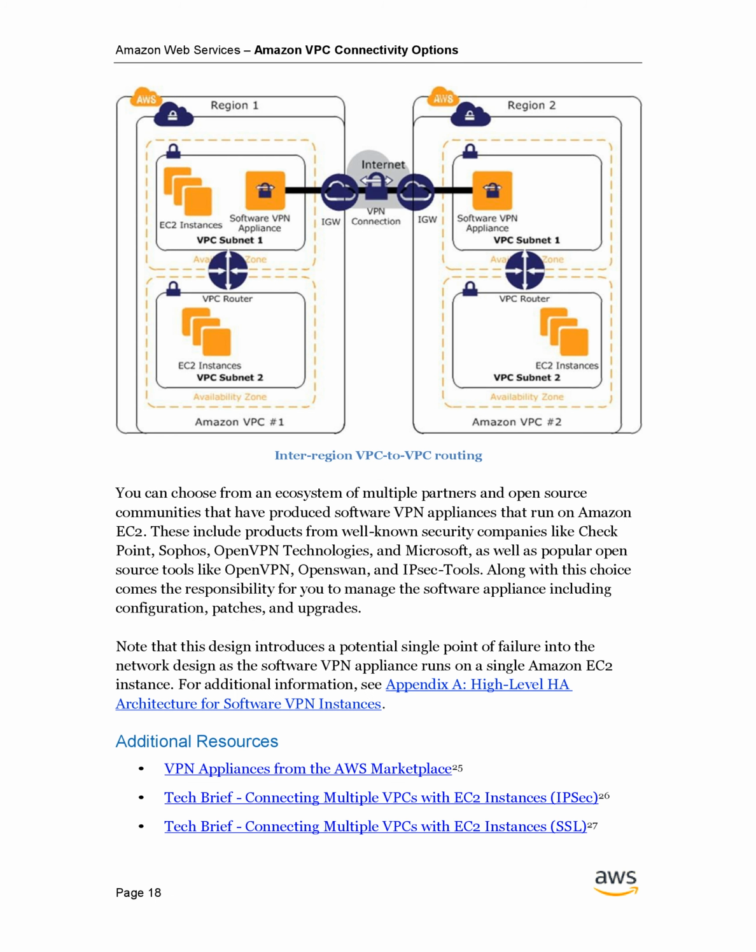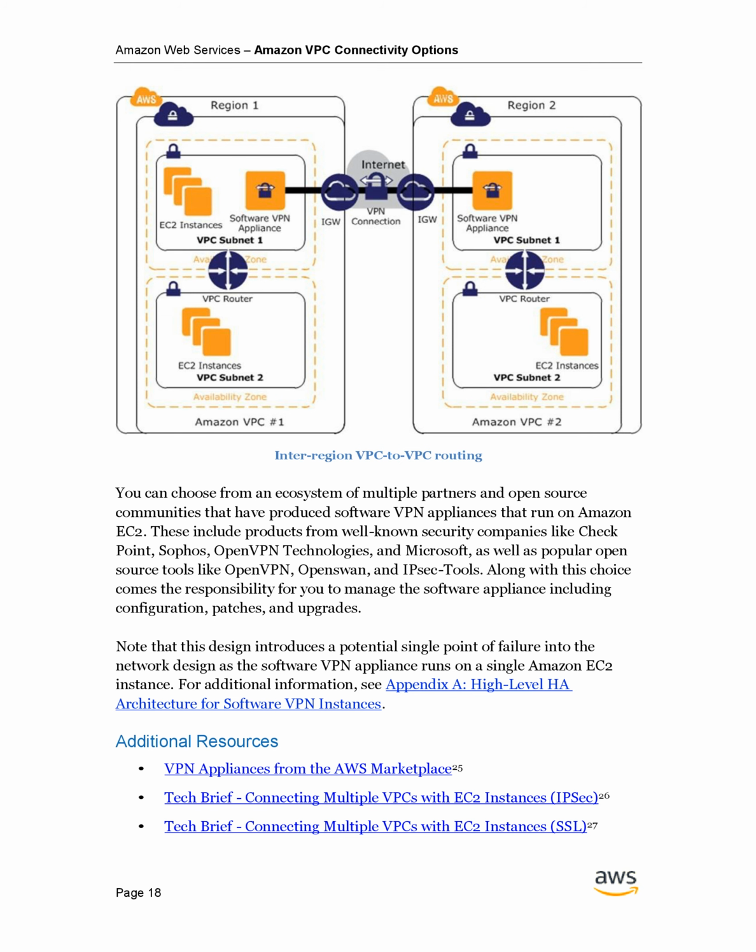You can choose from an ecosystem of multiple partners and open source communities that have produced software VPN appliances that run on Amazon EC2. These include products from well-known security companies like Check Point, Sophos, OpenVPN Technologies, and Microsoft, as well as popular open source tools like OpenVPN, OpenSwan, and IPsec tools.